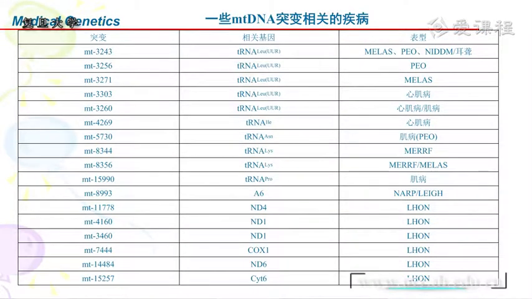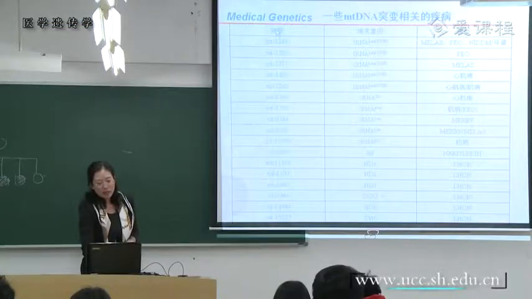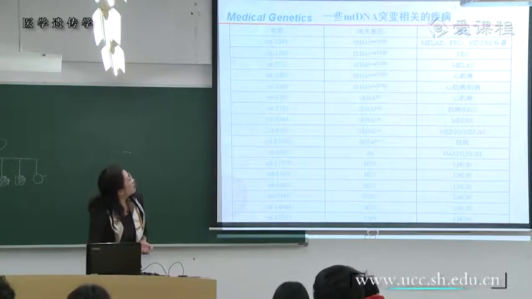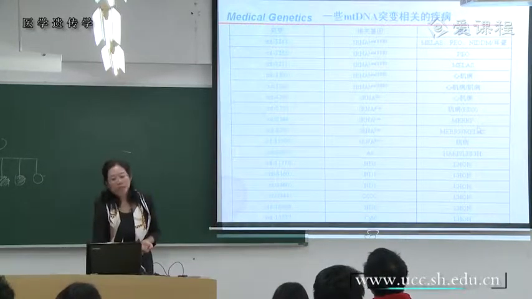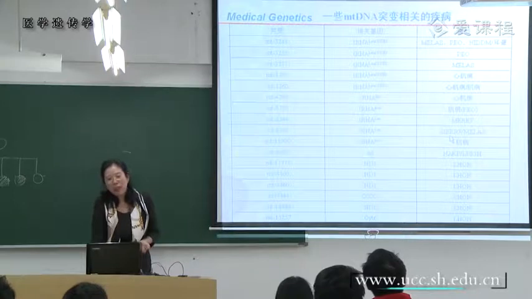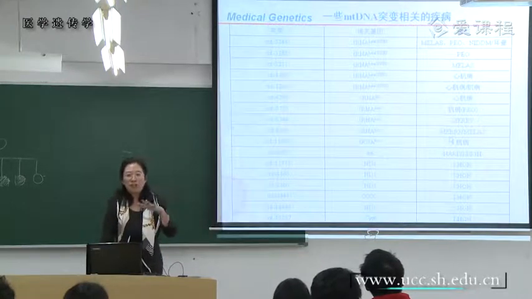Look at this picture, this table. This is the mutation location, this is the gene's name, and this is the disease phenotype, the disease name. How many students know Chinese?